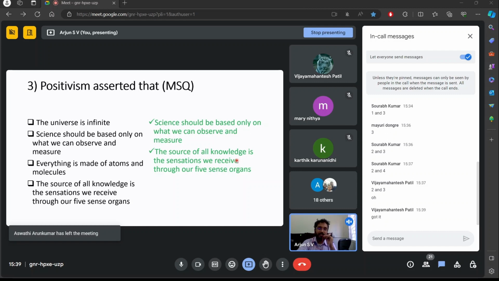Later on, some positivists, after the invention of certain microscopy and crystallographic methods, came to the conclusion that maybe everything is made of atoms and molecules, and they shifted their viewpoint to scientific materialism. But options two and four are the original pillars of positivism.